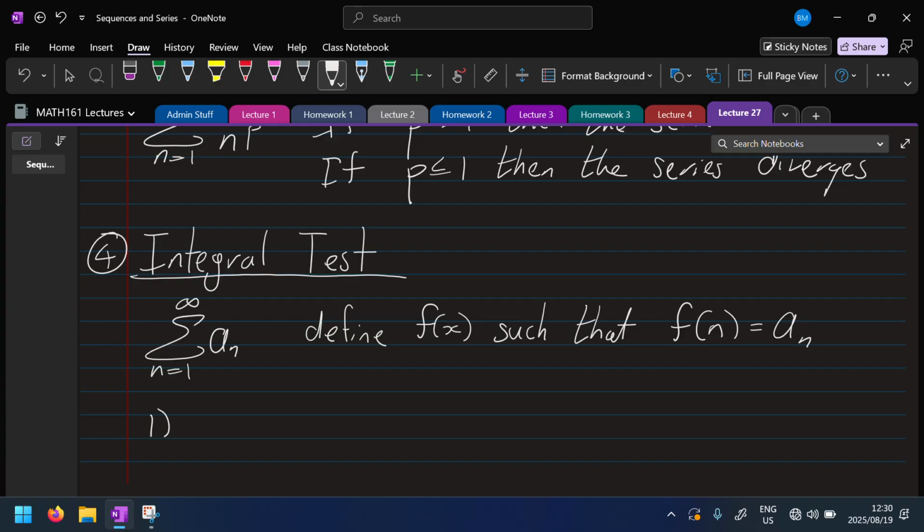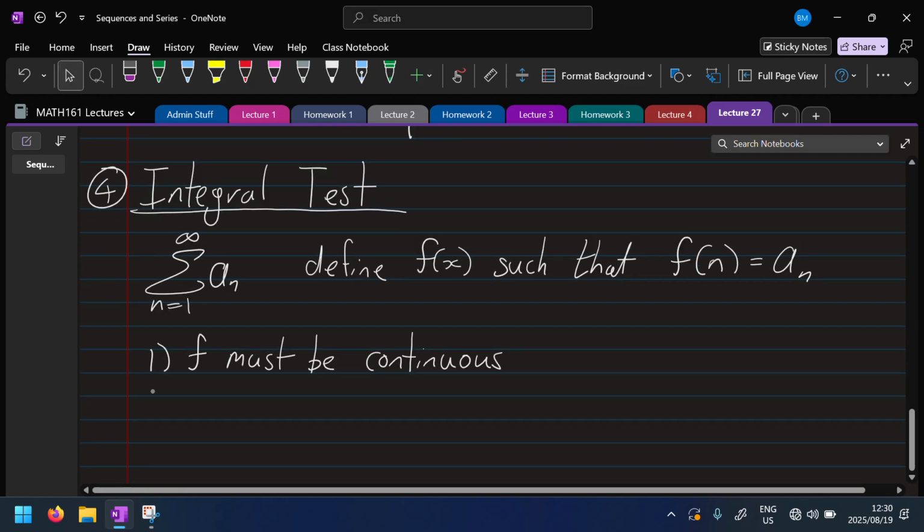Number 1, f must be continuous. If f is not continuous, you cannot use this test. It doesn't work. Number 2, f must be positive.